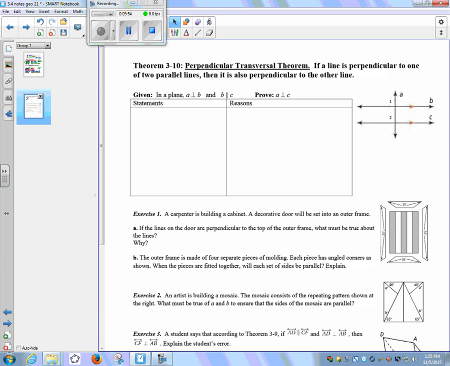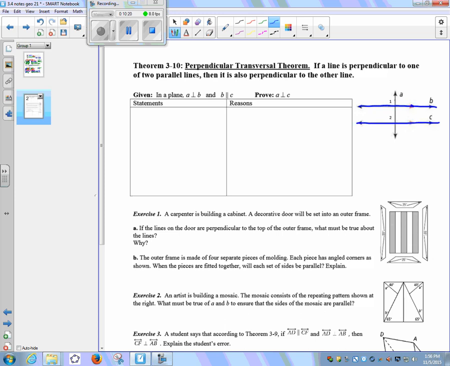Okay. The last theorem we're going to look at here is the perpendicular transversal theorem, which basically says if a line is perpendicular to one of two parallel lines, then it's also perpendicular to the other line. So you're given here that these lines are parallel.